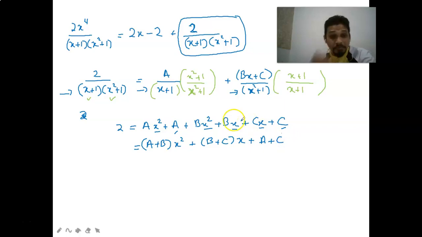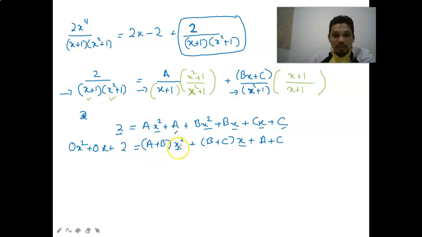Now look at this one here. It only has 2, but we have x squared and also x, which means that we are going to add 0x squared plus 0x plus 2.